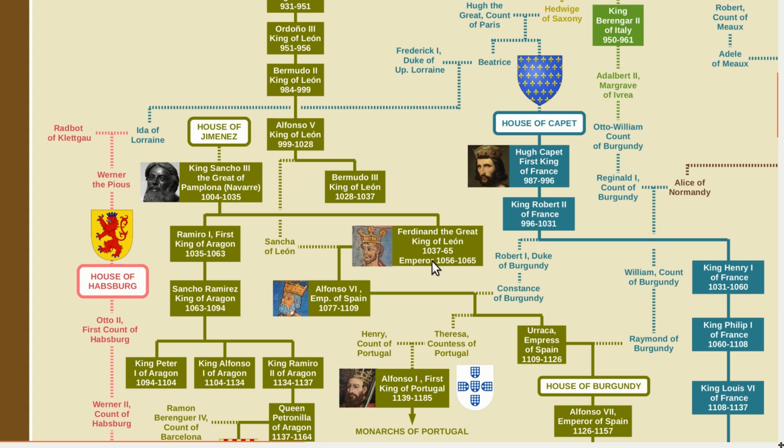And at that point, Leon also consisted of most of Christian Spain at the time. And so therefore, this individual, who becomes known as Ferdinand the Great, is named Emperor of Spain, and he's considered one of the earliest individuals to rule all of Spain.